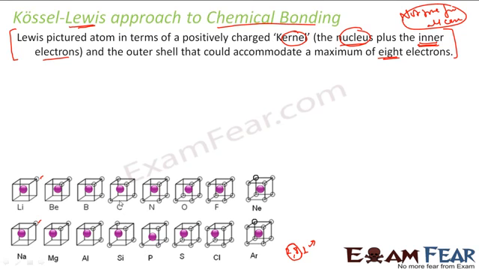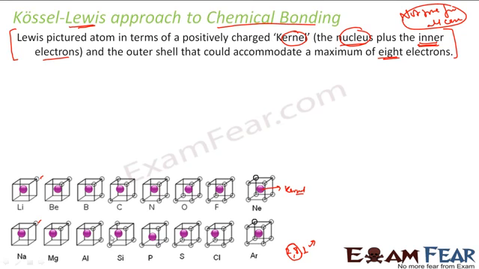Though they have different numbers of electrons, the number of outer electrons for both carbon and silicon is the same. Because this theory says that the nucleus plus the inner electrons is one kernel, and the one in the purple is my kernel. These are my kernels. So the outermost electrons are what matter the most for this approach.